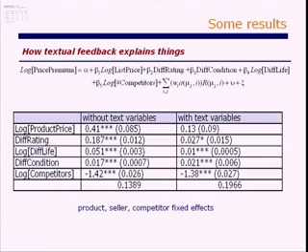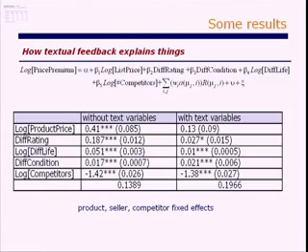We do control for unobserved heterogeneity. So that might partially account for some of this repeat: a buyer might be buying from a particular seller. Maybe a seller has other aspects to them that are not contained in this. So this particular table has product, seller, and competitor fixed effects, and the dependent variable has to do with our basic price premium, not the average.